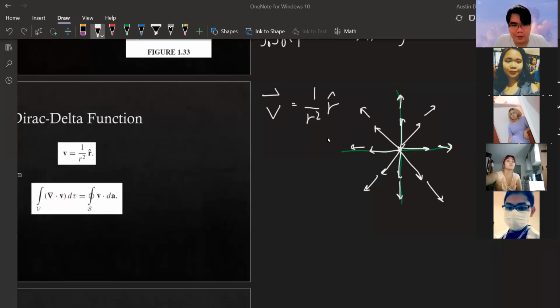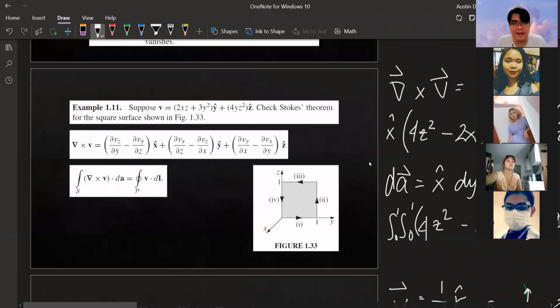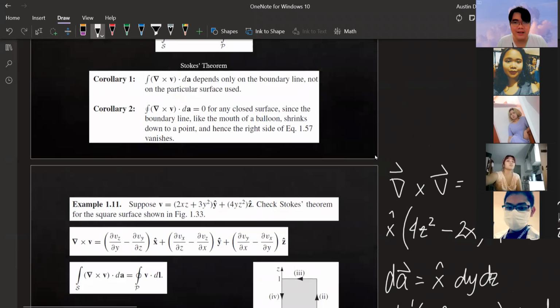So, sir, question po. Tama po ba na hindi closed yung surface na ginamit sa square path sa previous example since hindi po zero nakuha natin sa left hand and right hand side? Ano po yung considered na closed surface po if ganun, sir? Ang ibig sabihin ng closed surface is 3D yung surface mo. Okay?